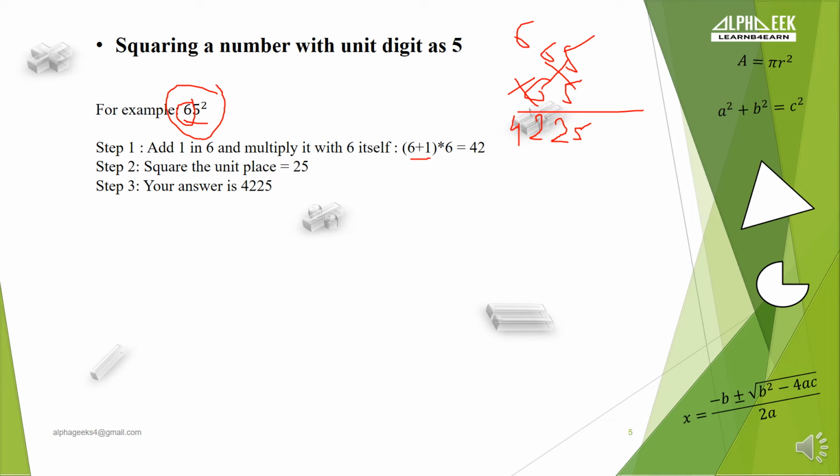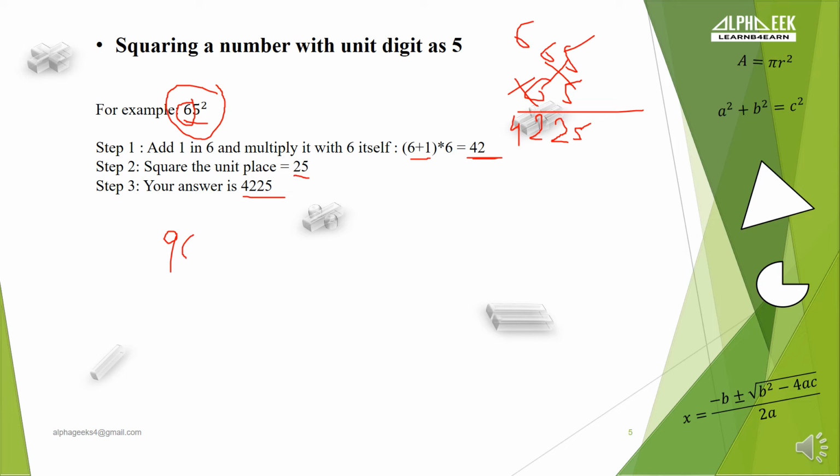So 7 into 6, you will be getting 42. Correct. Now you have gotten 42. Step 2 will be to square the unit place. So what will be 5 square? 25. Correct. So now join these two numbers. So your answer will be 4225.